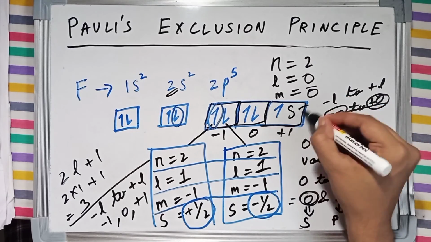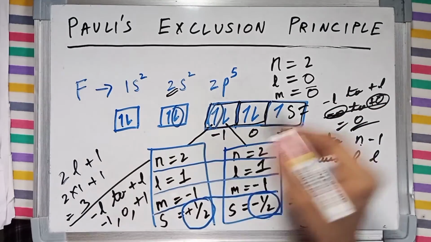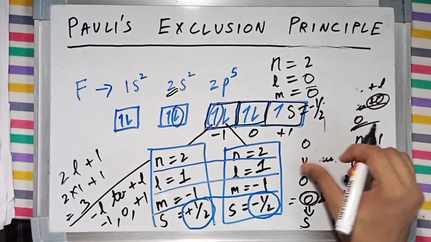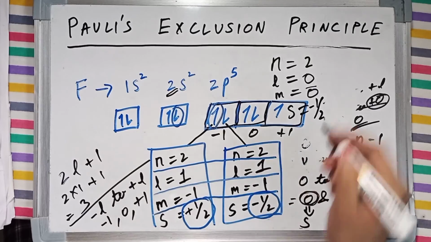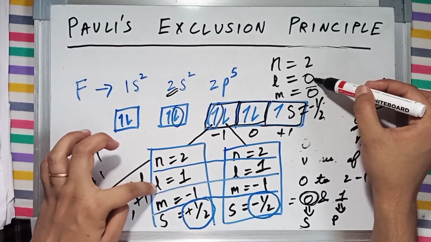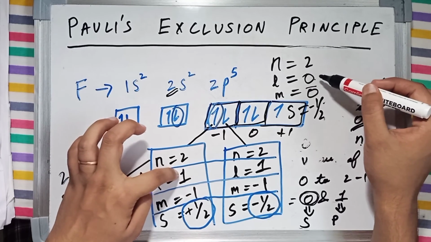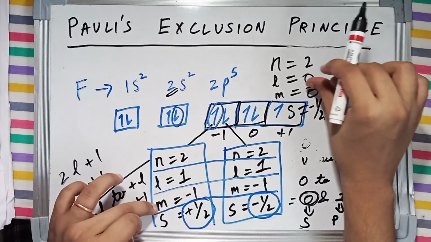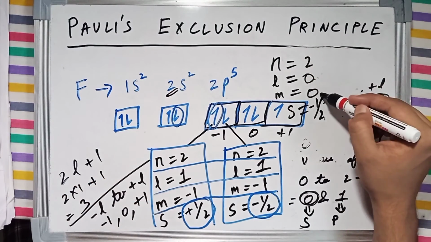And the value of s will be, it is facing downwards, so minus half. Now let's compare these two. n is 2. Okay, no problem. l is different. Here the value of l is 1, and here the value of l is 0. m is minus 1, m in here is 0.